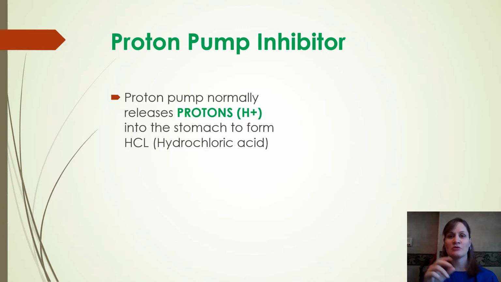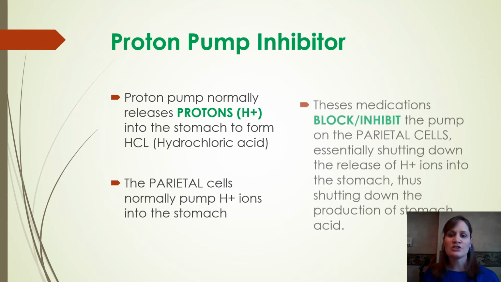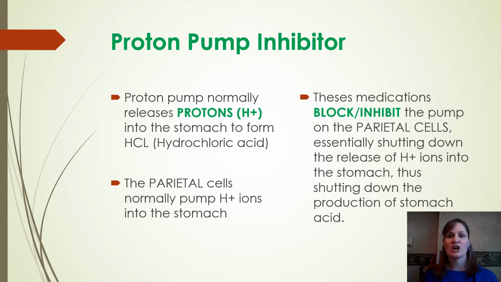Once in the stomach, those combine with chloride and they form hydrogen chloride, which is the type of acid we find in the stomach. So when we talk about proton pump inhibitors, what they're doing is blocking that receptor. Okay, so they're blocking the proton pump, so the proton pump can no longer throw those ions into the stomach. That's what's happening.